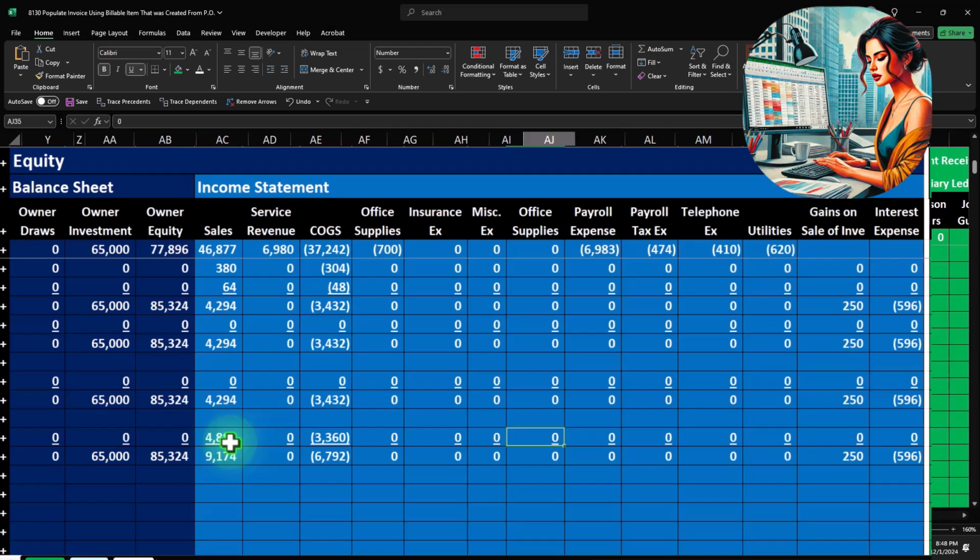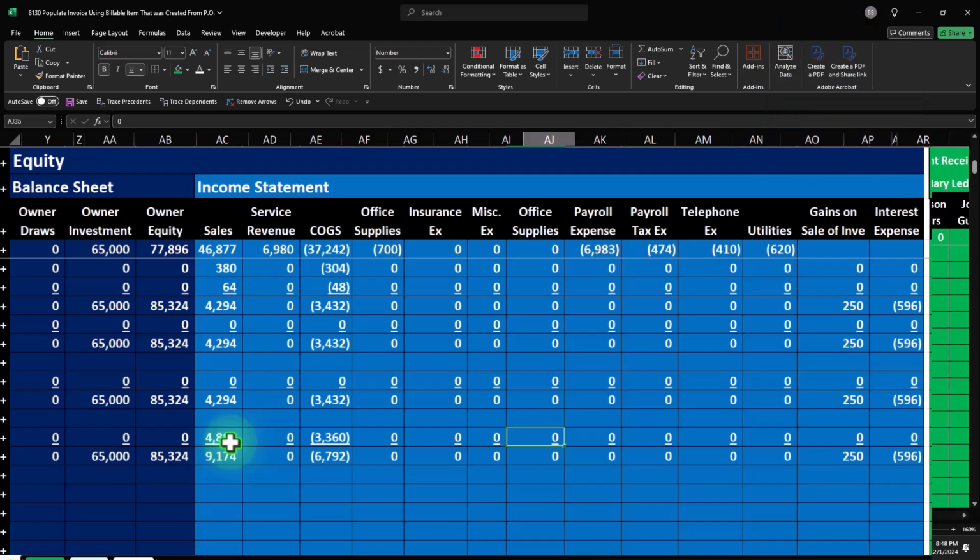But with inventory, we have more of a problem, because with inventory there's a cost side of the inventory. There's how much we're going to sell the inventory for, how much we bought the inventory for, and there's a subledger.